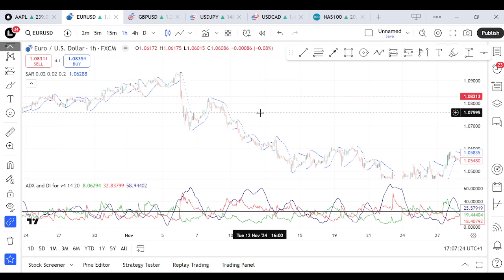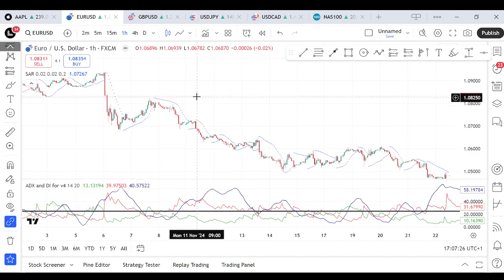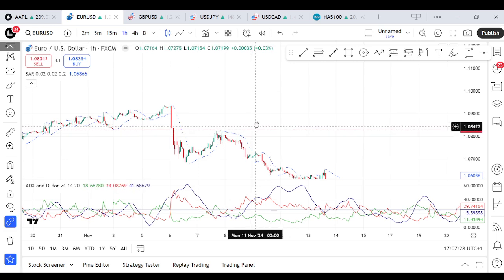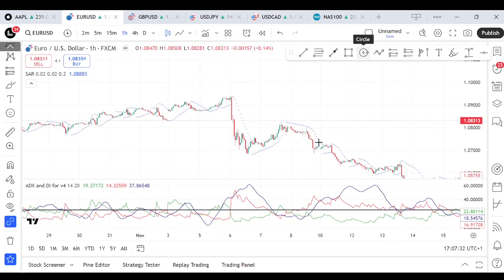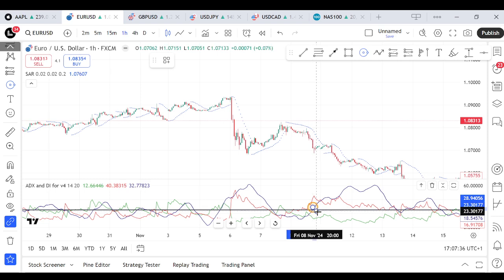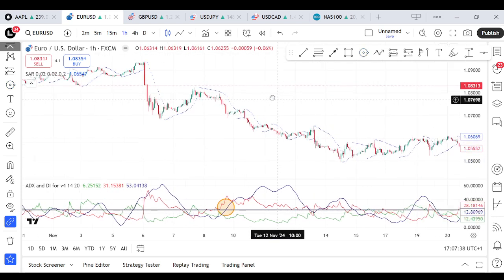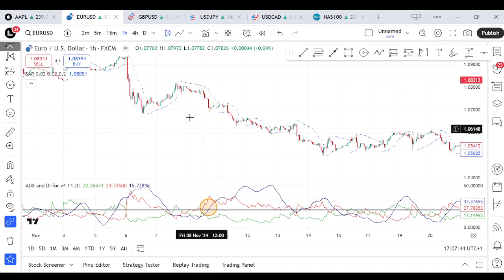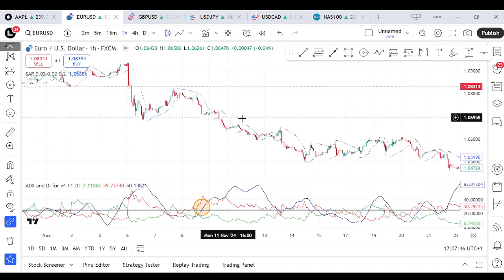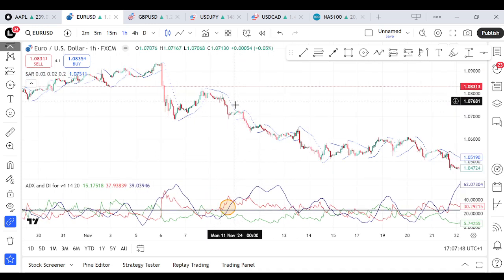So let's quickly look at the charts. You can see here we are in a bearish trend, and we have the ADX moving above 25, and we have the negative DI line above the positive DI line, showing that yes, this bearish trend is a strong one and we should be looking to take sell entries.